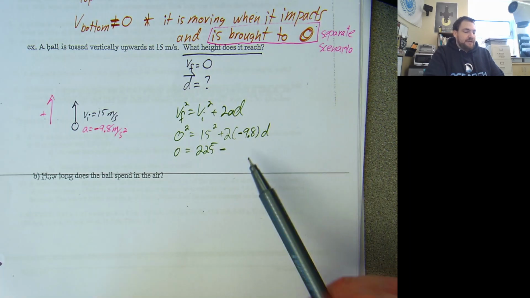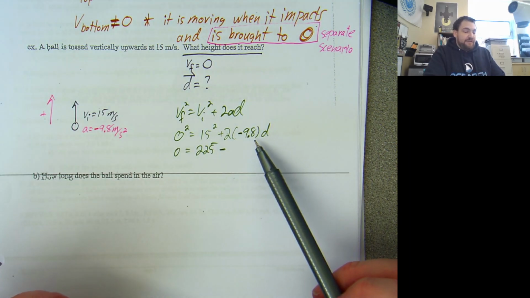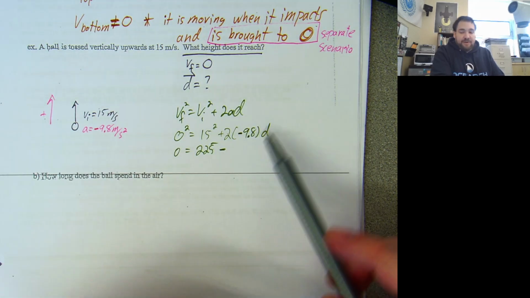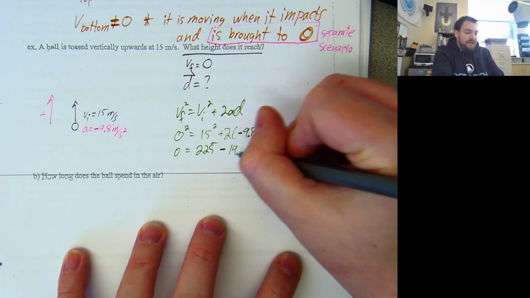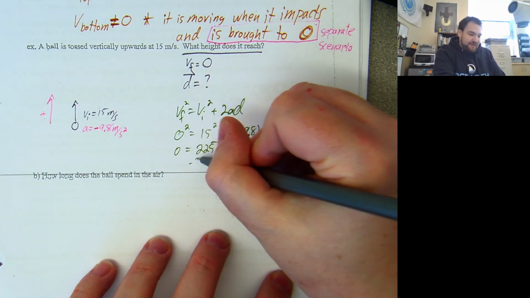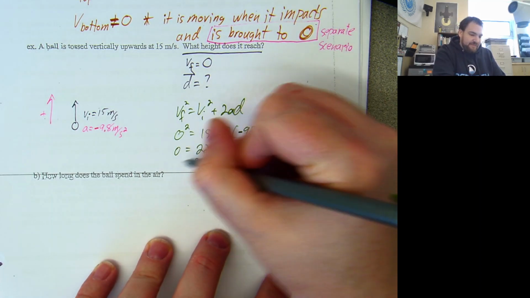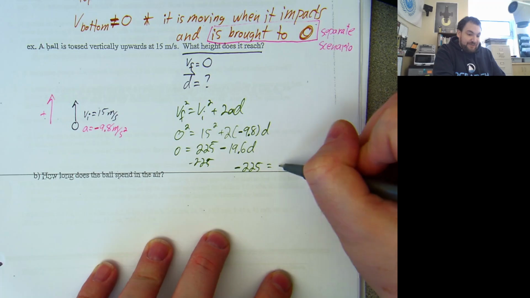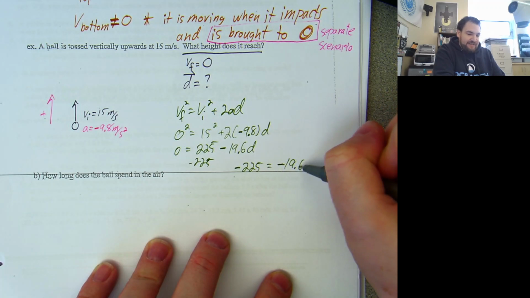Minus 2 times 9.8. 2 times 9 is 18. 2 times 0.8 is 1.6. So 2 times 9.8 is going to be 19.6. Negative 19.6D. We're going to subtract over the 225, and we're going to get that negative 225 equals negative 19.6D.